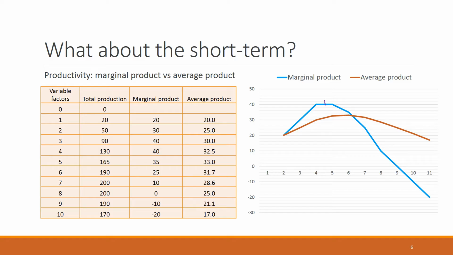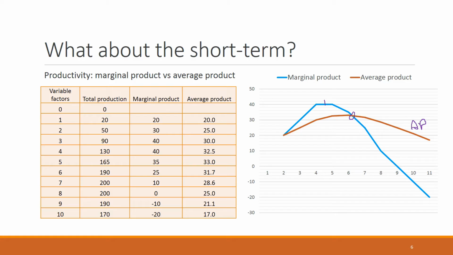They start from here. This point of intersection occurs at the maximum point of average product, and you must draw it in that way in examinations to avoid deductions. The maximum point of average product occurs at the point of intersection with marginal product.